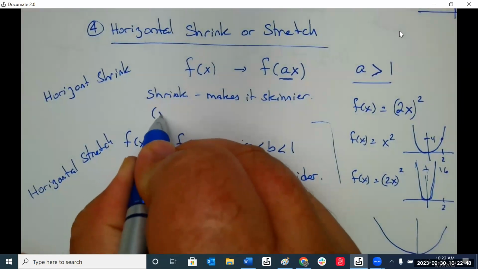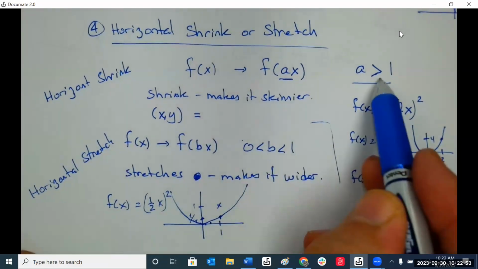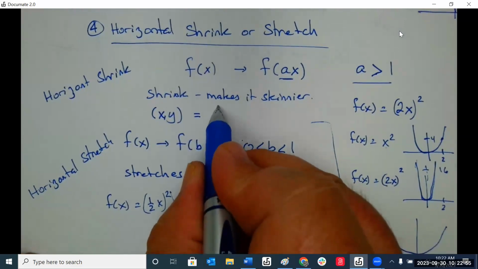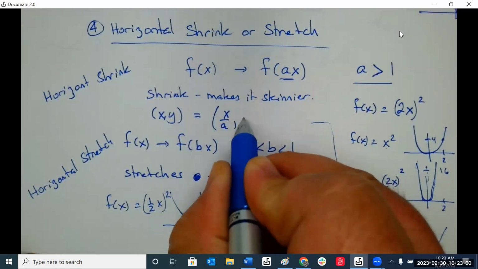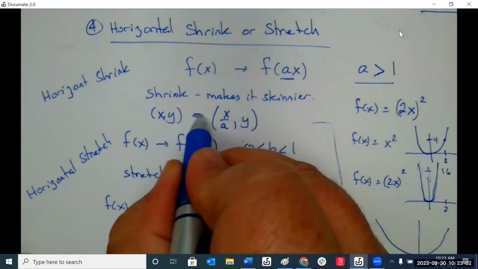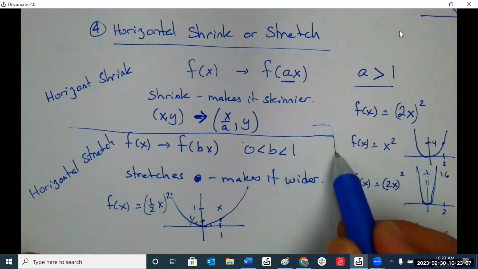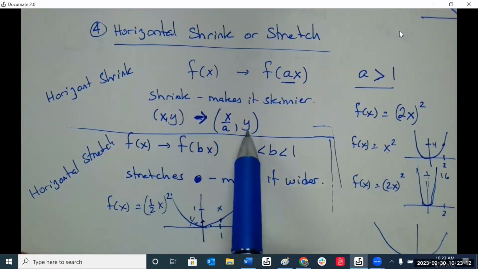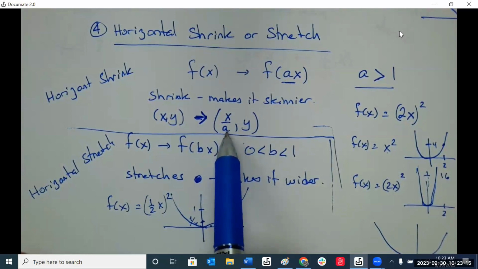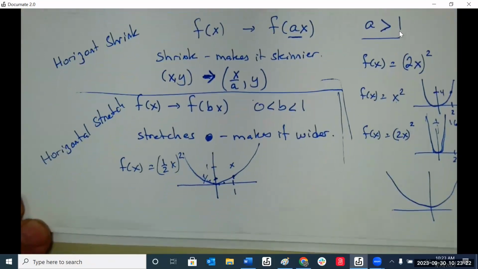So your point x, y, and if it's inside and it's an integer, your point changes to that. Your points change from x, y to x divided by a, y, because you have to make your x's smaller. And this one does the same thing.